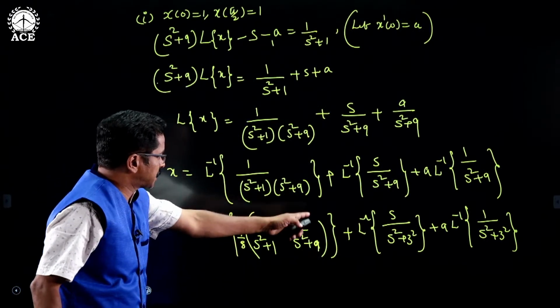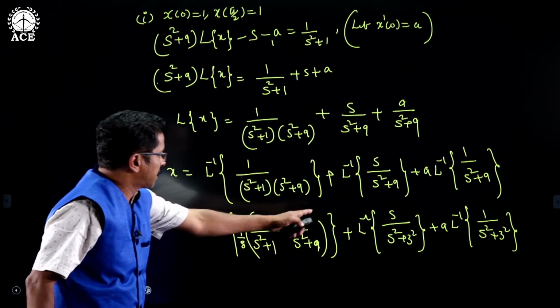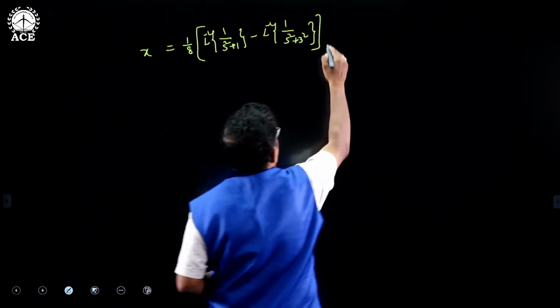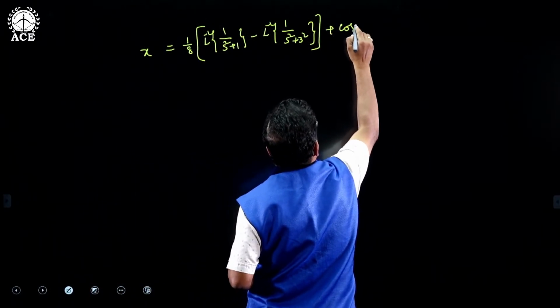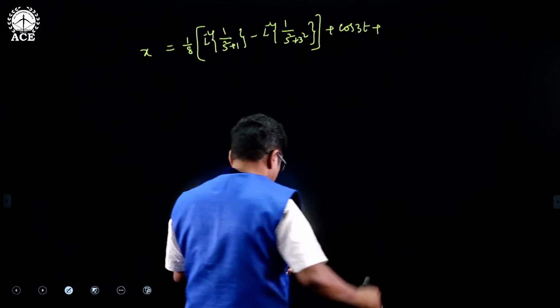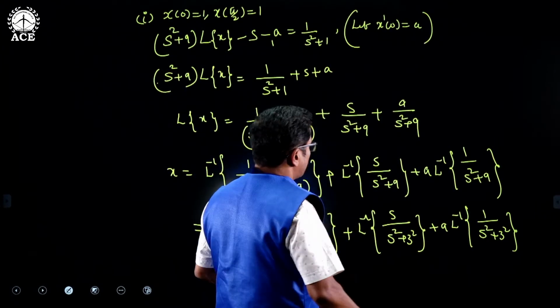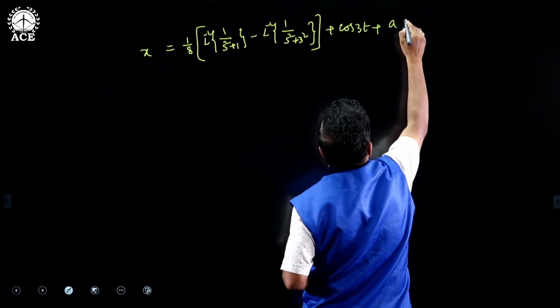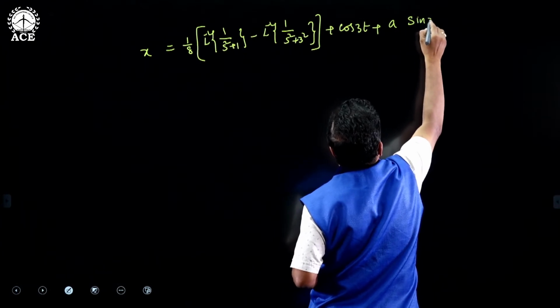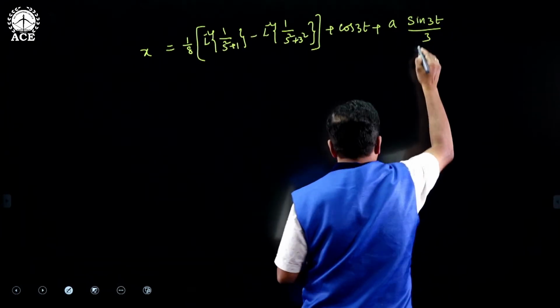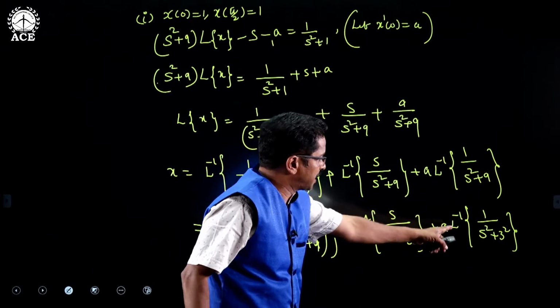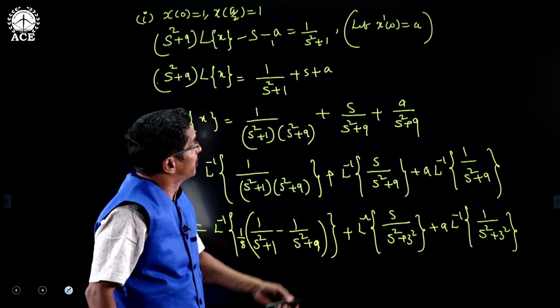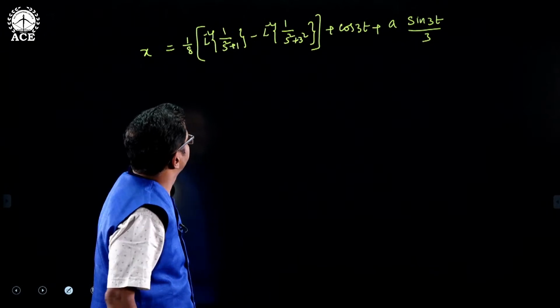Next, L inverse of s by s square plus 3 square is cos 3t, plus a into sin 3t by 3. L inverse of 1 by s square plus a square is sin at by a, so here sin 3t by 3.